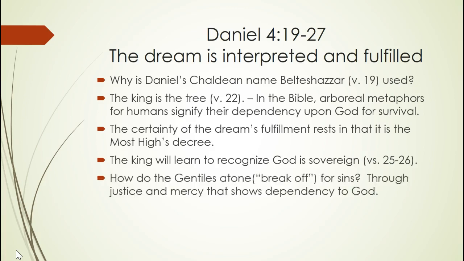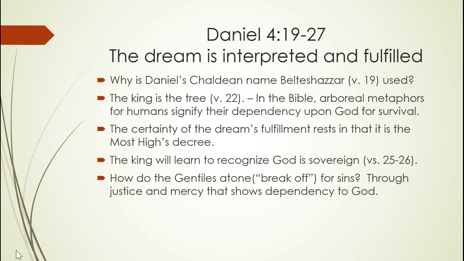So how do Gentiles, so that's what Nebuchadnezzar is, he's a non-Israelite, so how does this Gentile atone, break off, as it were, for sins? Well, he does this through justice. Righteousness and justice are kind of synonyms of each other, and mercy that shows dependency on God.